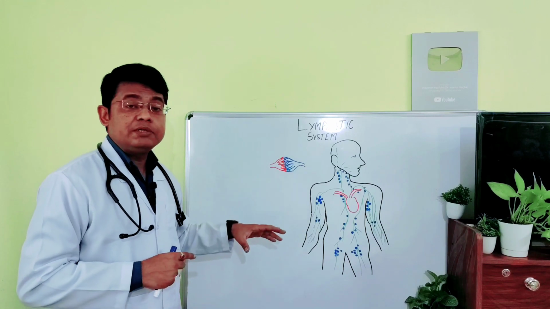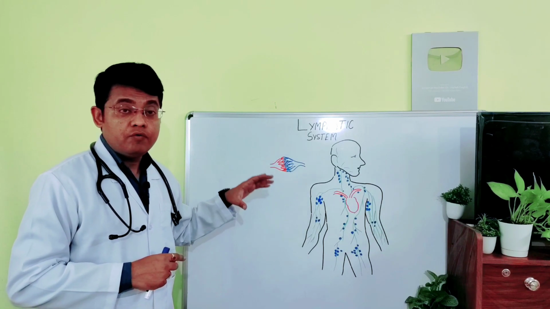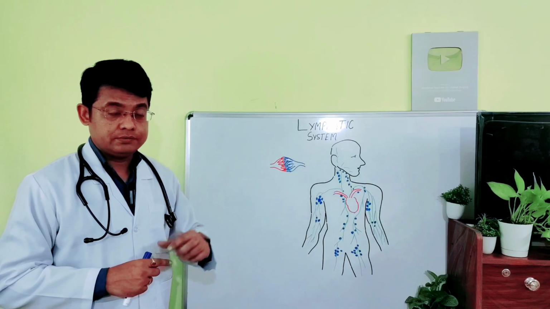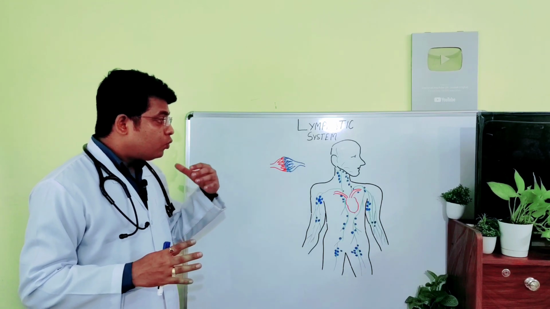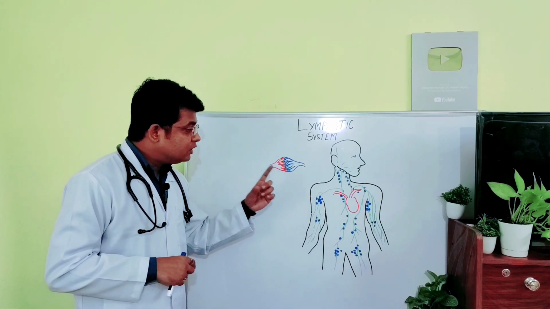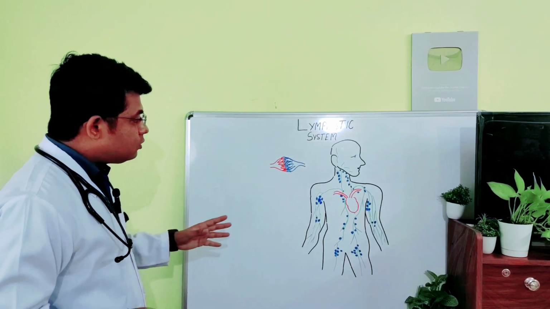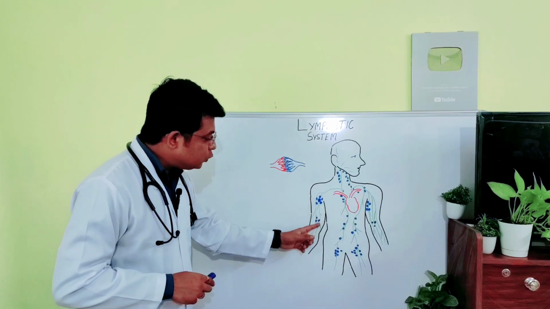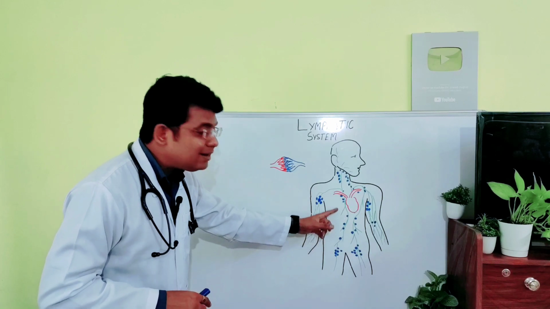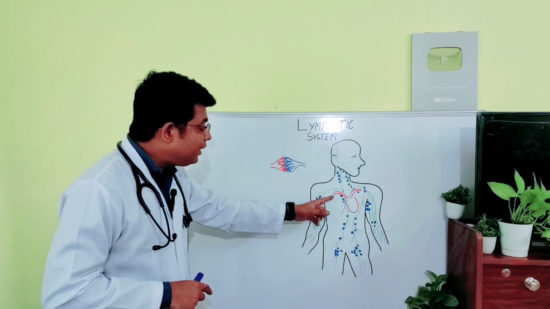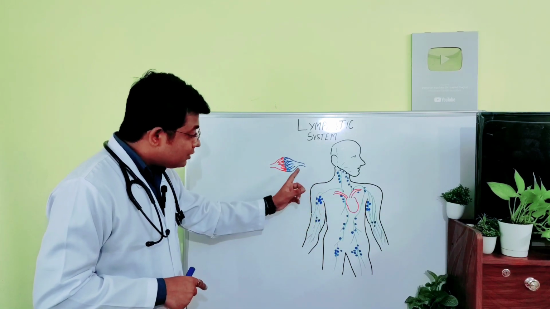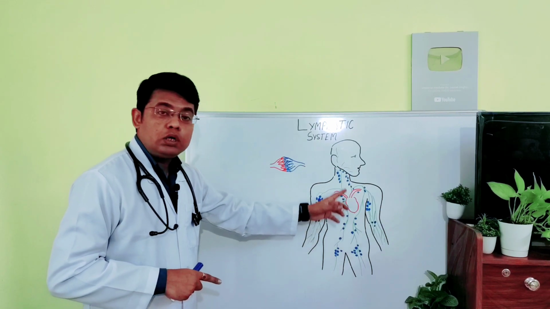This system is also important for a lot of reasons. Now, what are the components of the lymphatic system? In this image you can see there are a lot of thread-like structures, the green colored structures, that are distributed throughout our body.